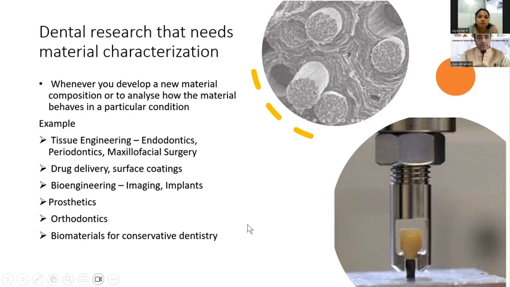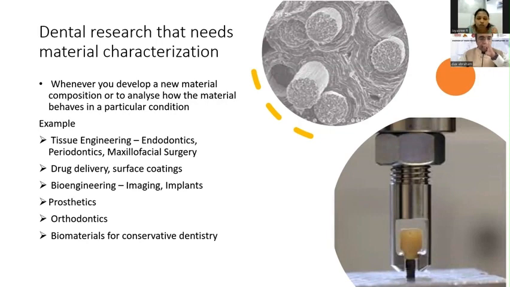As I said, if you are going to develop newer materials for tissue engineering, for example in periodontology, in maxillofacial surgery, or in endodontics, there you will need a lot of characterization, starting from X-ray diffraction, FTIR, ICP, everything.